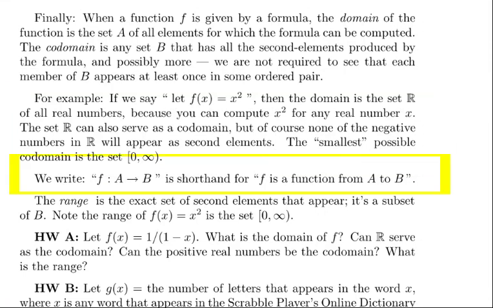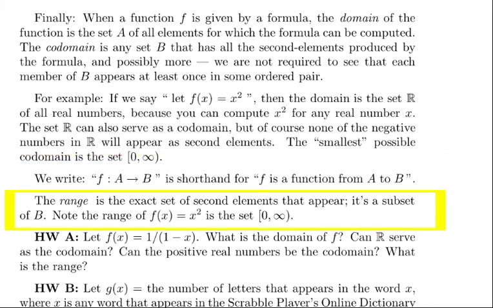We write this symbol f colon A arrow B, and it's shorthand for the expression f is a function from A to B, or f is a function with domain A and codomain B. The range is the exact set of second elements that appear. It's a subset of B. Note the range of f of x equals x squared is the set from 0 to infinity.